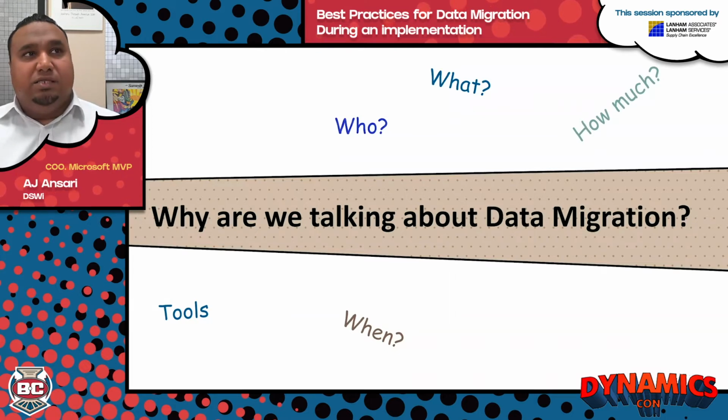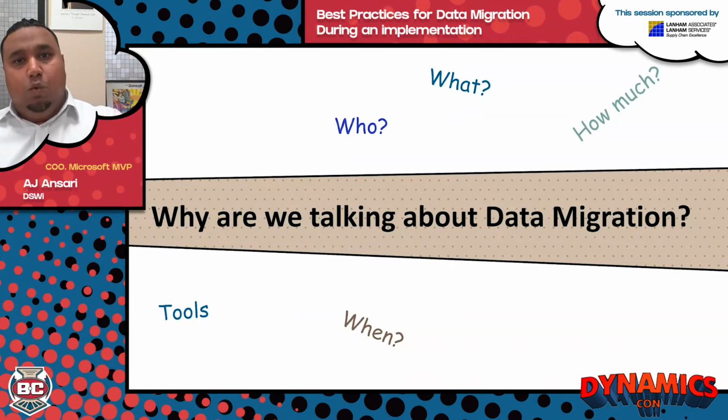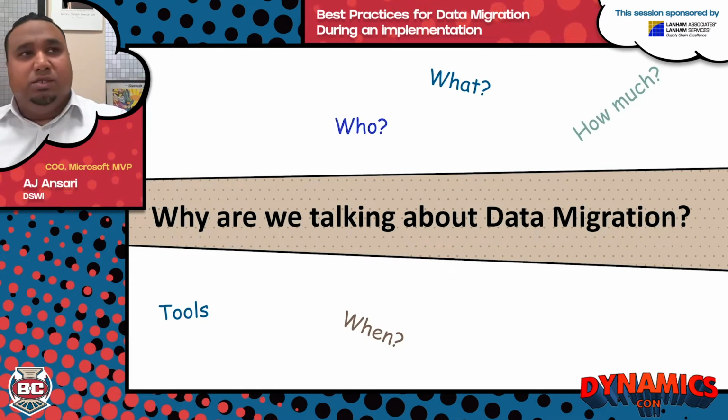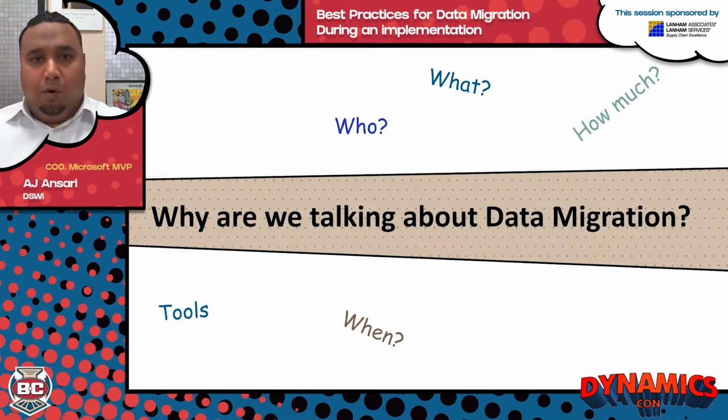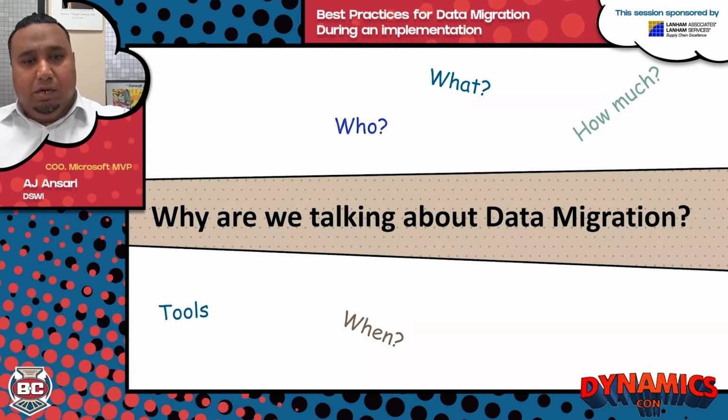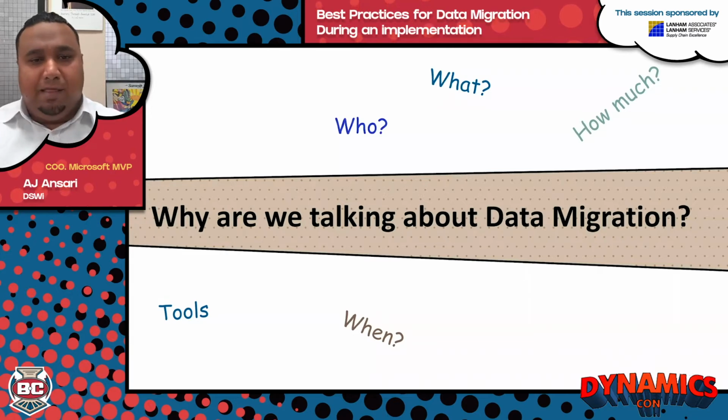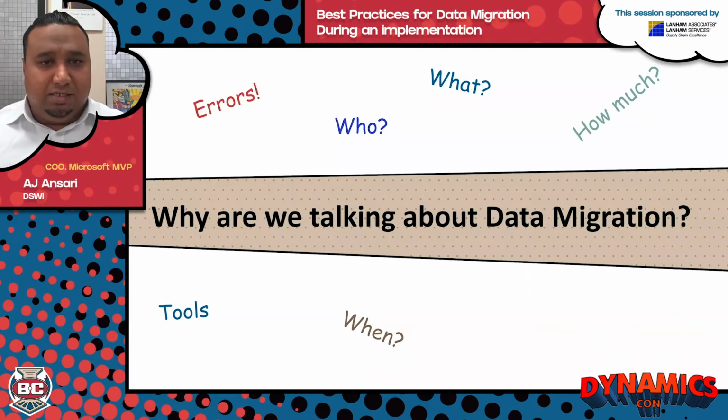So you have to consider that just because you've imported something once doesn't mean you're done, or that you'll have everything you need at the beginning to import. And you certainly can't wait till the very end to import everything, because there's going to be a lot of value to having specific data from your old database in your new ERP system. So we'll talk about the when as we talk about best practices.